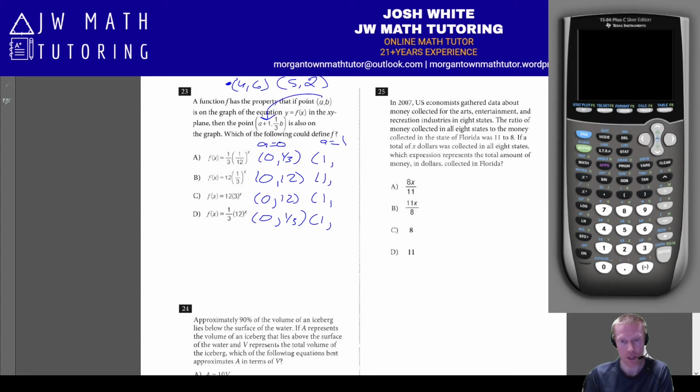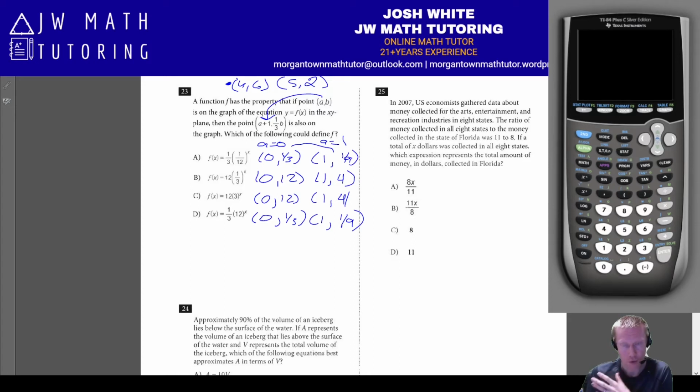B was the original y coordinate values that I calculated from the function. So I take 1/3 and multiply it by 1/3 and I get 1/9. Then I take 12 and multiply it by 1/3 and I get 4. Then I take 12 and multiply it by 1/3 and I get 4. And then I take 1/3 and multiply it by 1/3 and I also get 1/9 again.